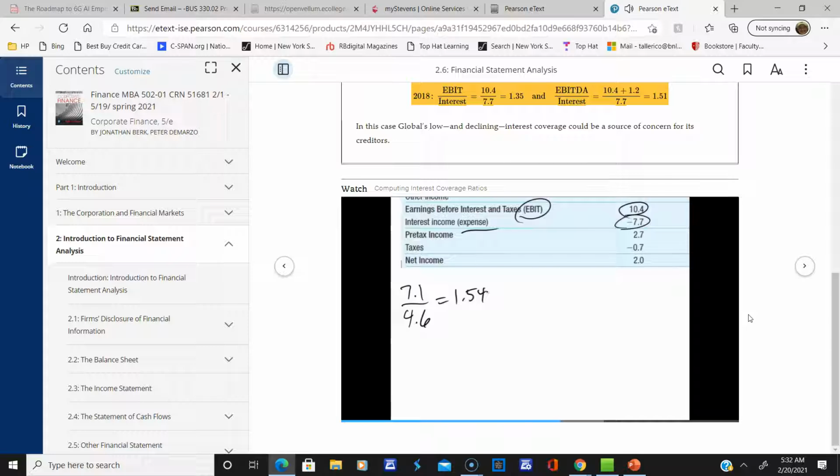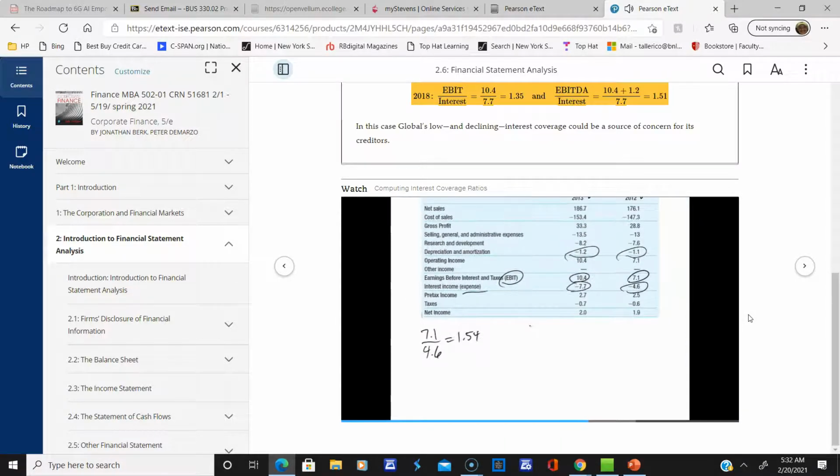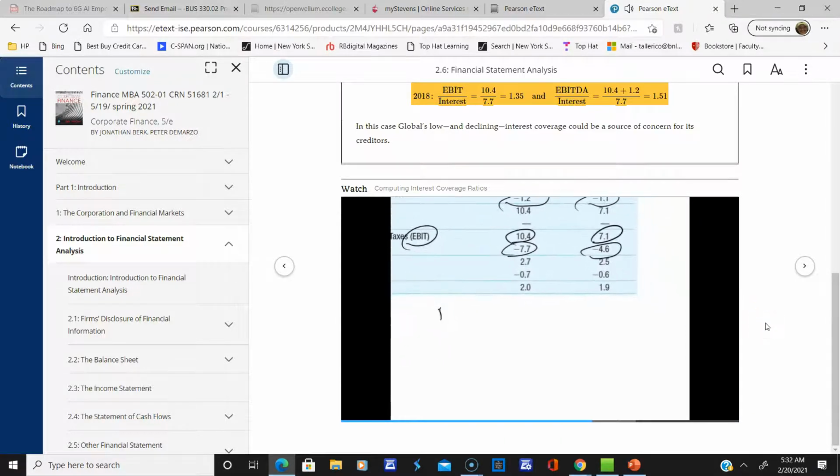Now, since depreciation and amortization aren't actual cash expenses, you might be interested in terms of its cash flow, how much could it actually cover its interest obligations. And that's why you might be interested in the EBITDA ratio. To solve for EBITDA over interest, we're going to add back the 1.1 in depreciation and amortization.